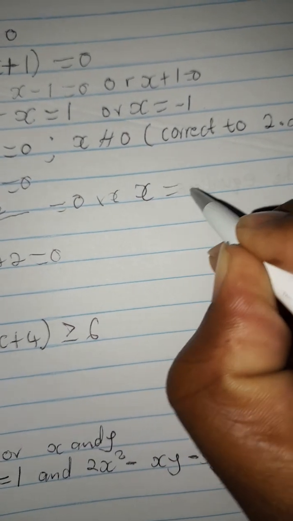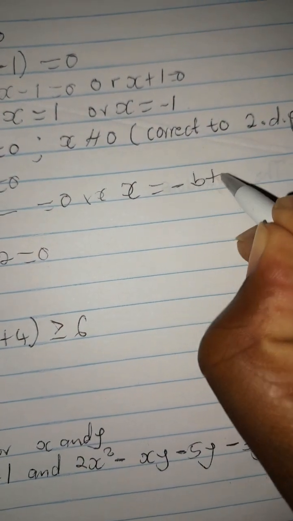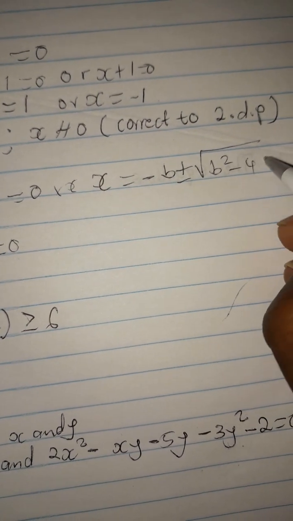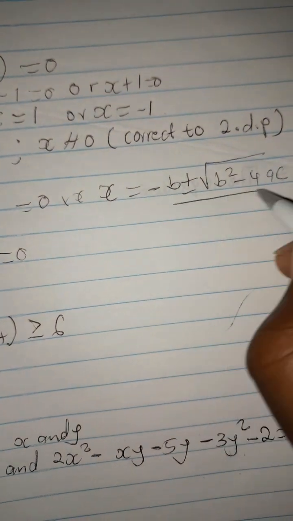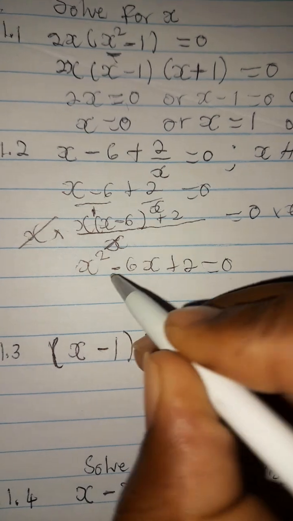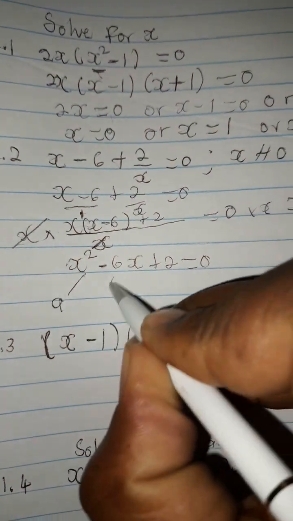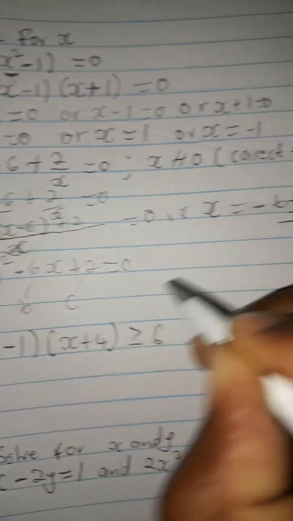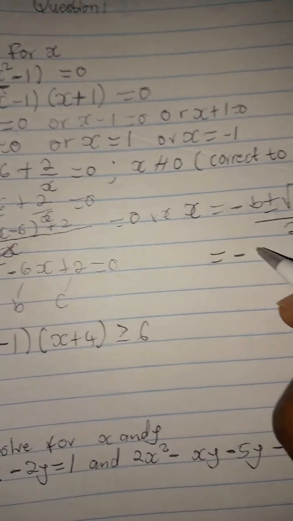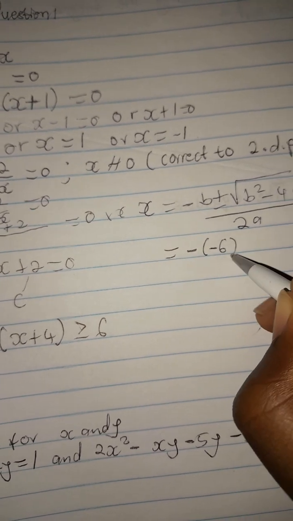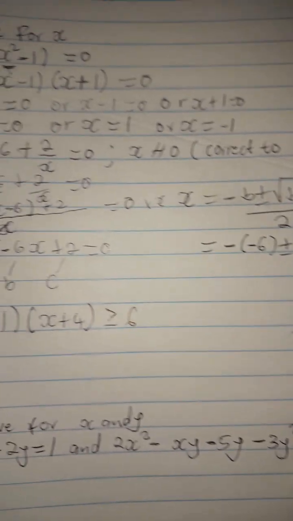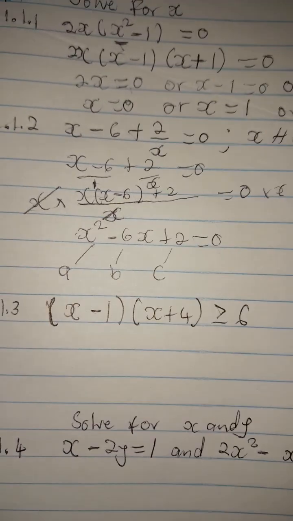The quadratic formula states that x is equal to negative b plus or minus the root of b squared minus 4ac, divided by 2a. Where this is a, this is b and this is c. From here we can see, guys, that b is negative 6.